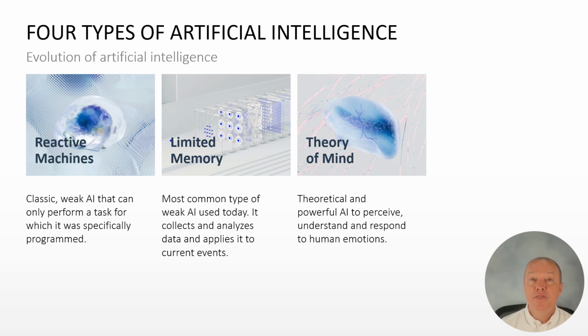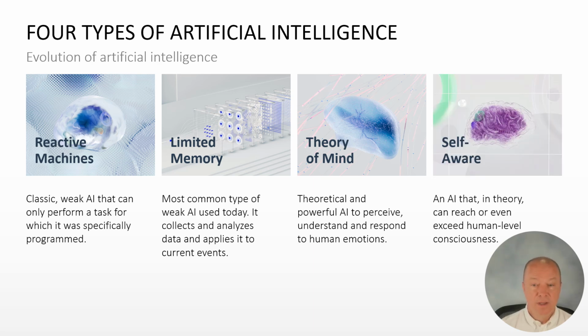We then have theory of mind. This is where theoretical and powerful AI is used to perceive, understand, and respond to human emotions. And finally, we're looking for that self-awareness that we all fear when AI actually becomes sentient. This is where an AI, or artificial intelligence system, that in theory could actually reach or even exceed human-level self-consciousness.